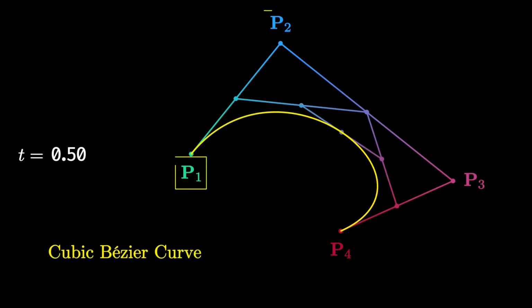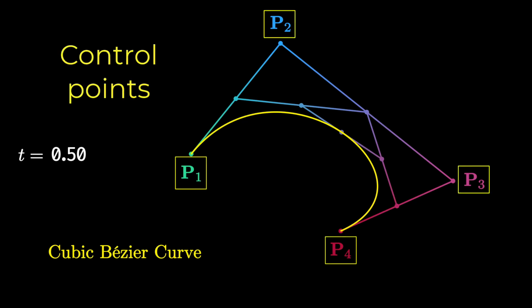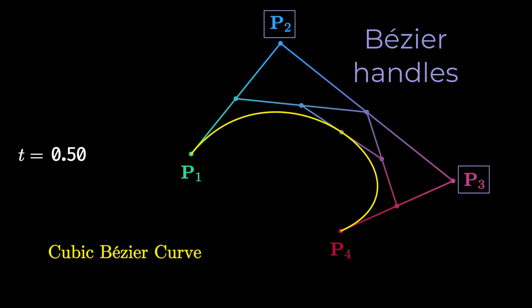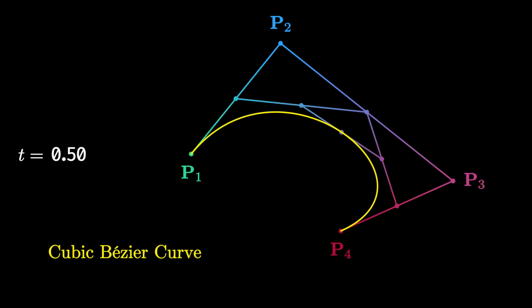Points 1, 2, 3, and 4 are known as the control points. Points 1 and 4 are known as extremes, and points 2 and 3 are known as handle points, or Bezier handles. The function of the curve, once all the algebra is done and grouping terms, is as follows.